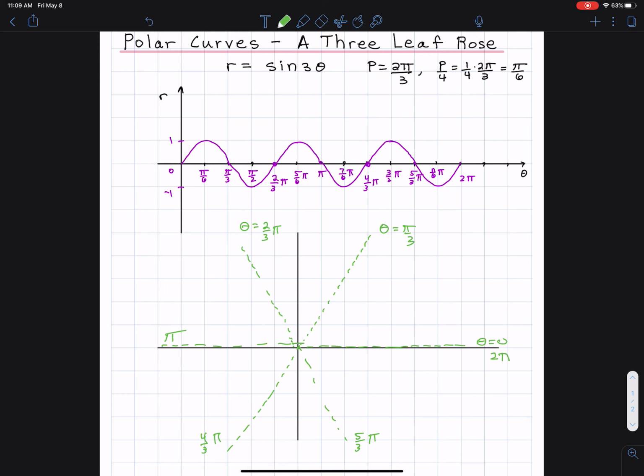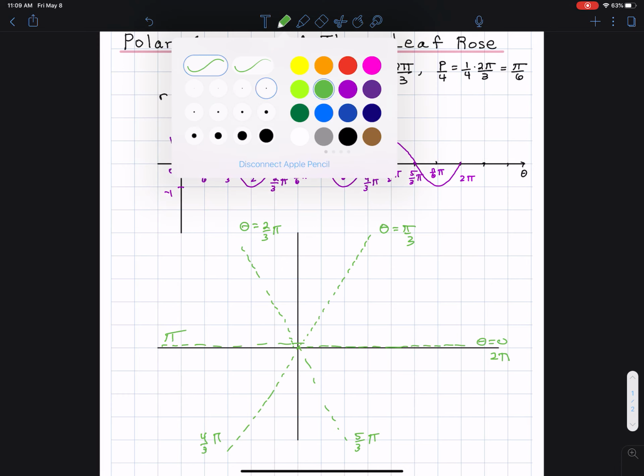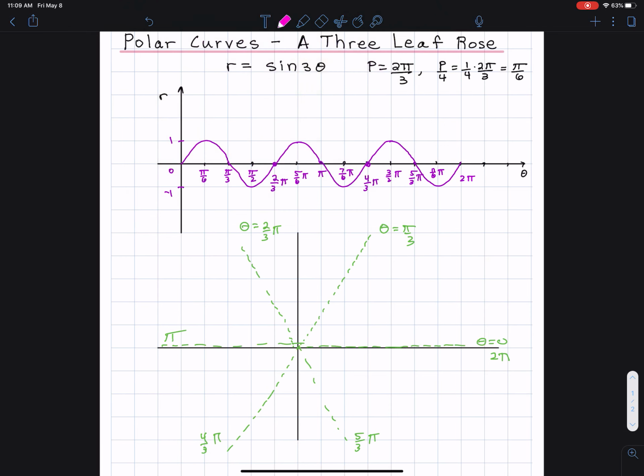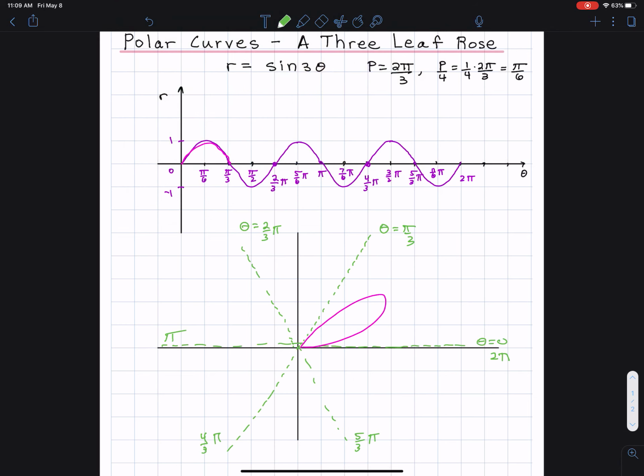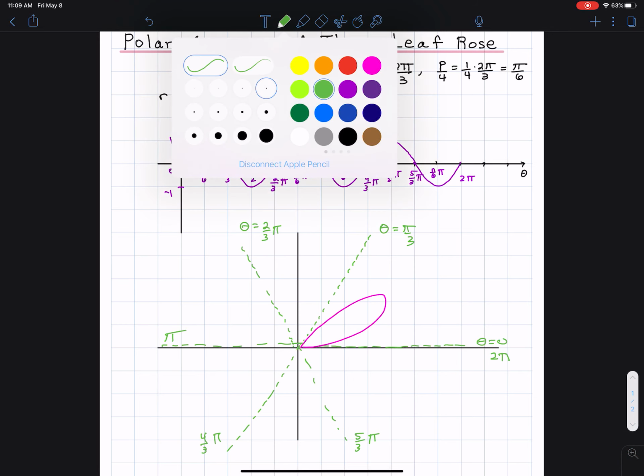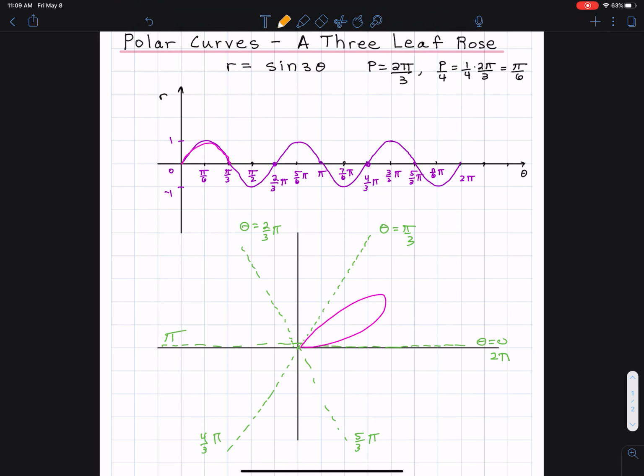Then we do these loops, and that's where I think it starts getting super fun. Okay, this top loop starts when theta is 0, and then at pi over 6 it goes up to 1, and then it goes back to 0 at pi over 3. I am going to try to make these loops all the same. These are petals. But then we have another petal here.